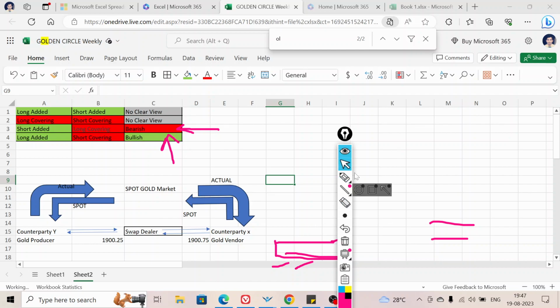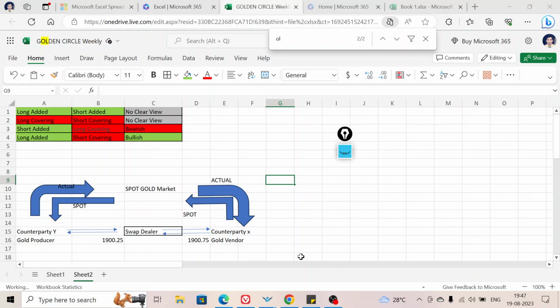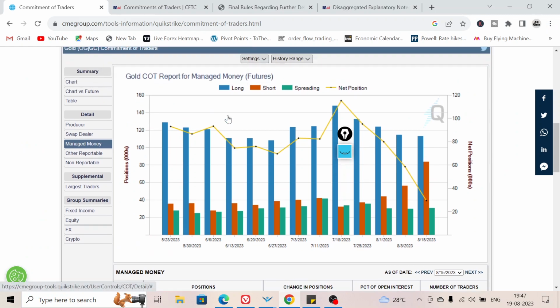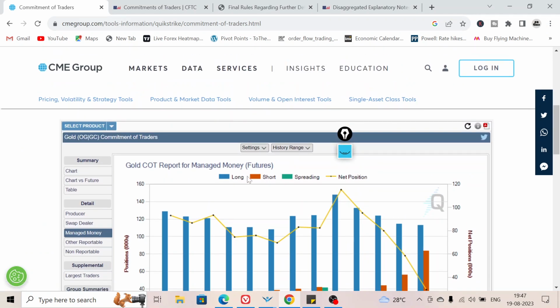You can check my other videos, where I explained how the previous week's positions were and how they impacted the price. So this is how you can utilize the COT report data. This is just an overview. We also have to look at other factors, but I think this is the best way you can read the COT data.